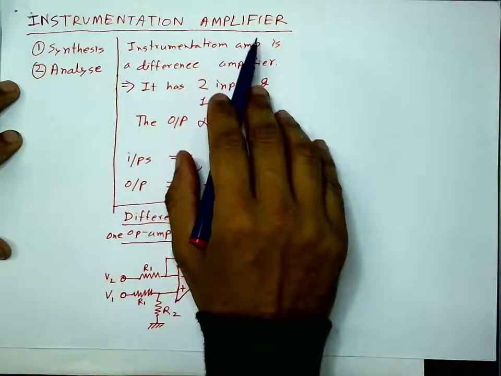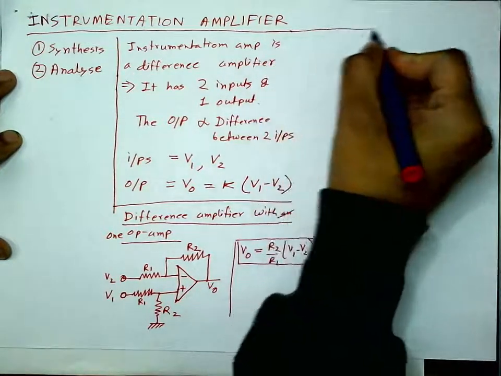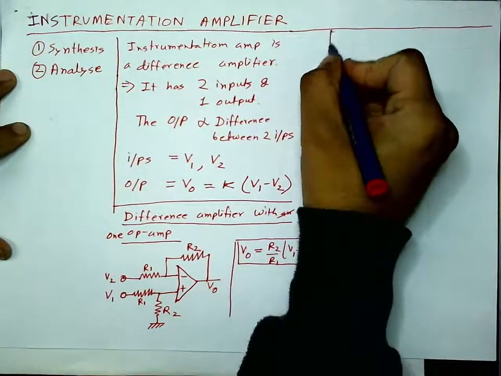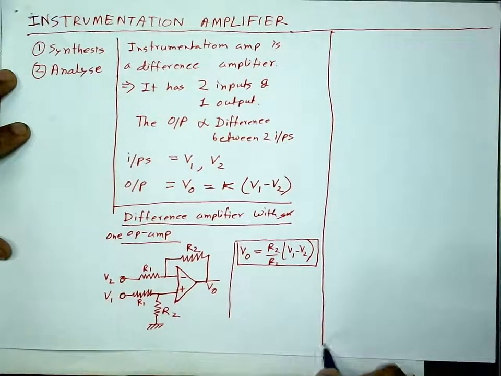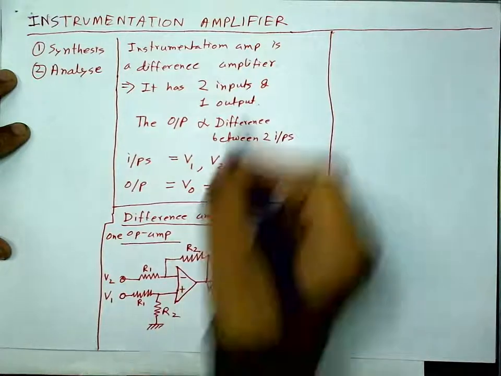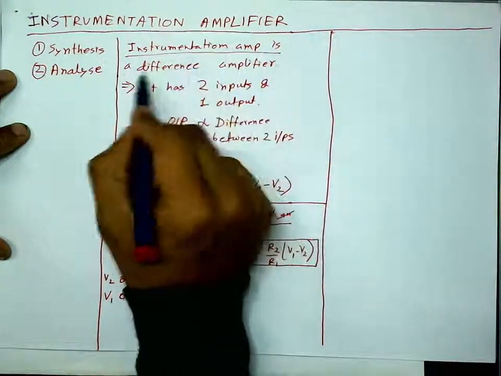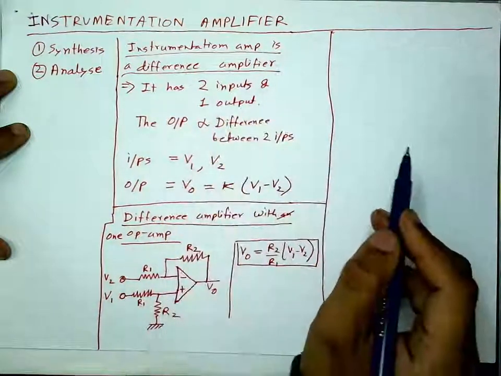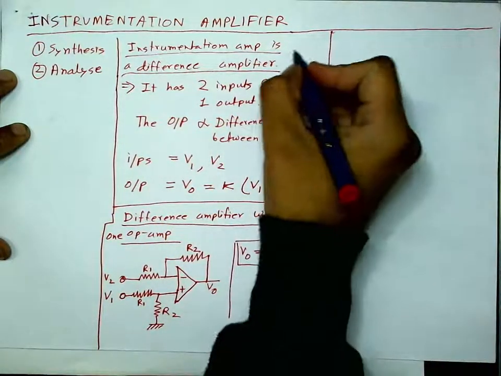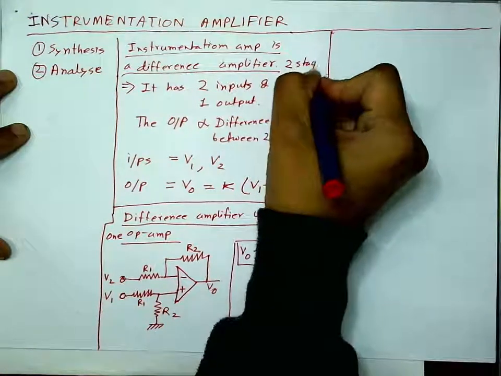An instrumentation amplifier, on the other hand, as I already have said, is a difference amplifier, but it is a two-stage amplifier.